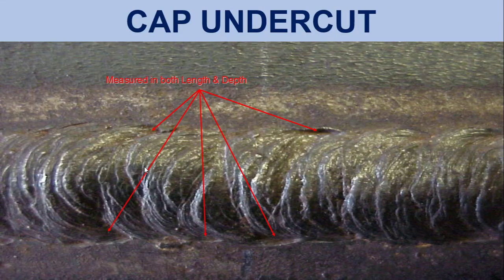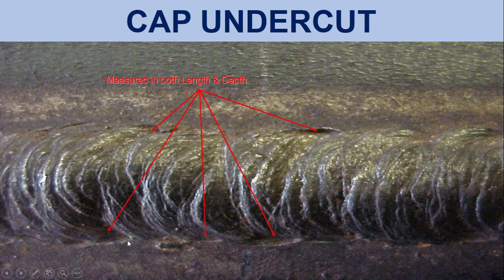Now we'll look at cap undercut, how it looks visually. You can see it's very clear. This is your welding capping, but this area has not melted. It can be two things: either the parent metal is melted and after that the undercut has been created, or the parent metal has not been melted.